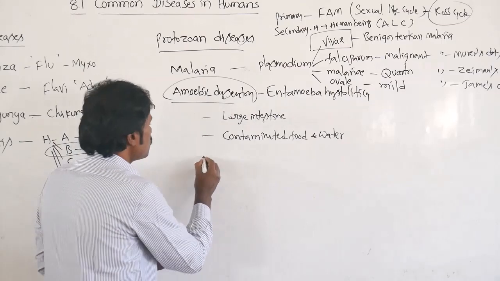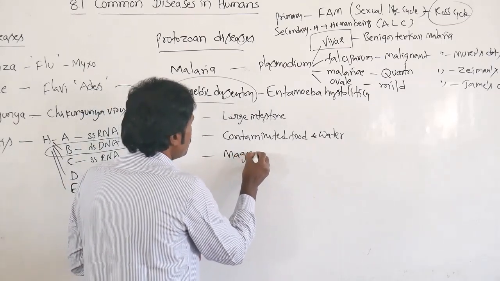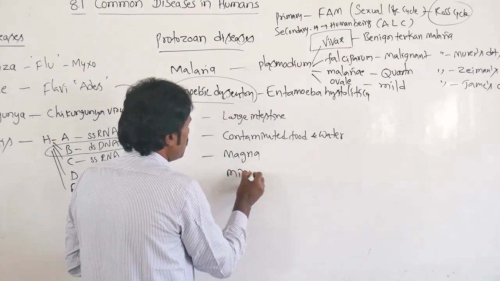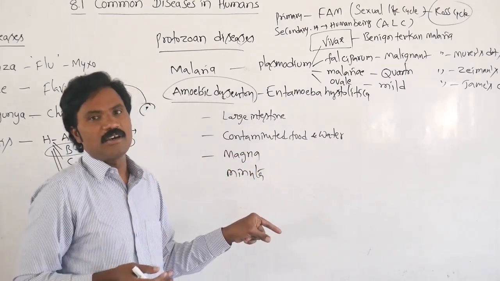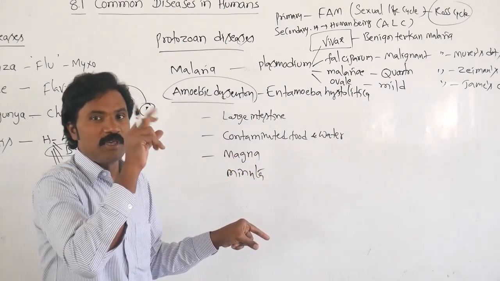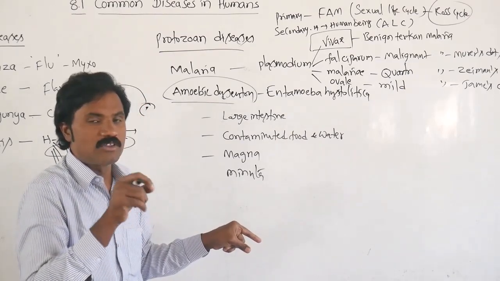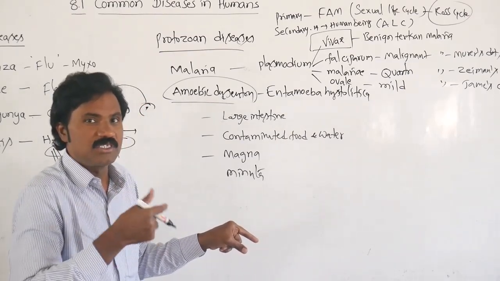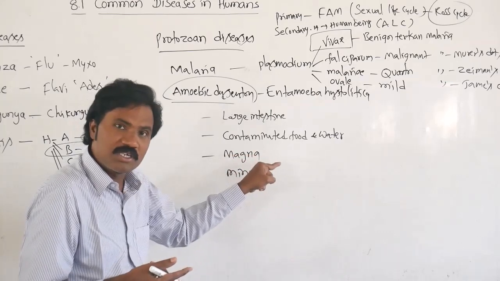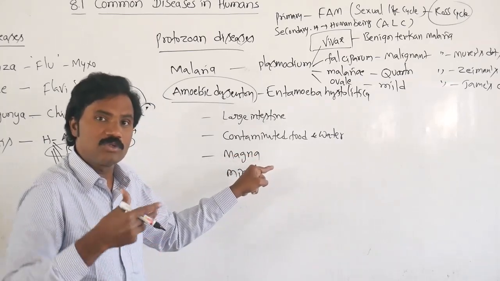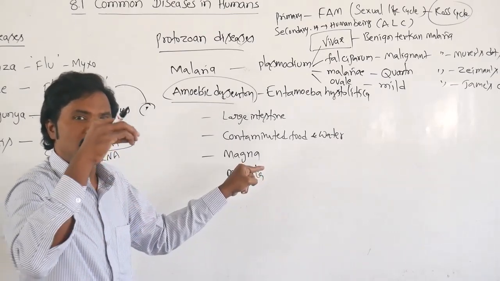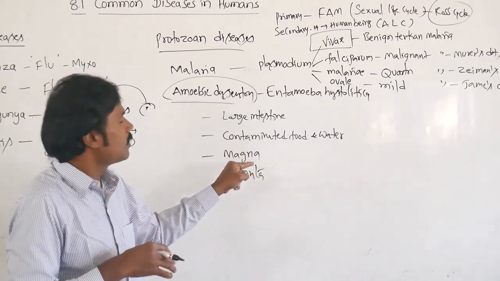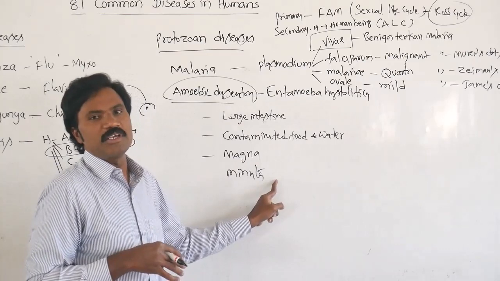Which among these stages is the infective stage? In malaria we said the infective stage is the sporozoite. Similarly here, the magna stage is the only active stage and the only pathogenic stage. It causes disease. The minuta stage is non-pathogenic.